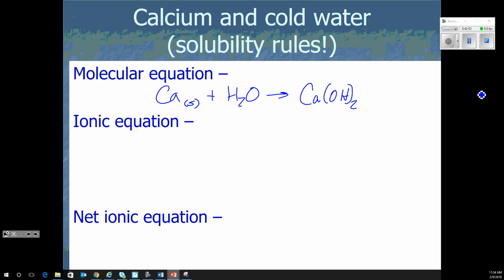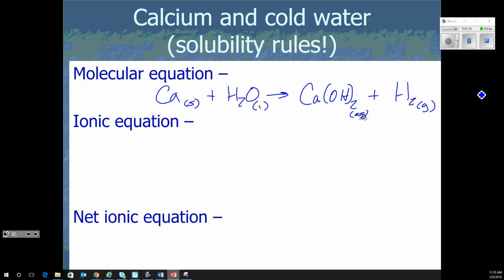What is calcium hydroxide? It's a strong base, so it's going to be AQ, and I forgot to put the L next to the water. What else is left over? What got kicked out? Hydrogen, which is one of the diatomics, so I put H2, and that's a gas, right?